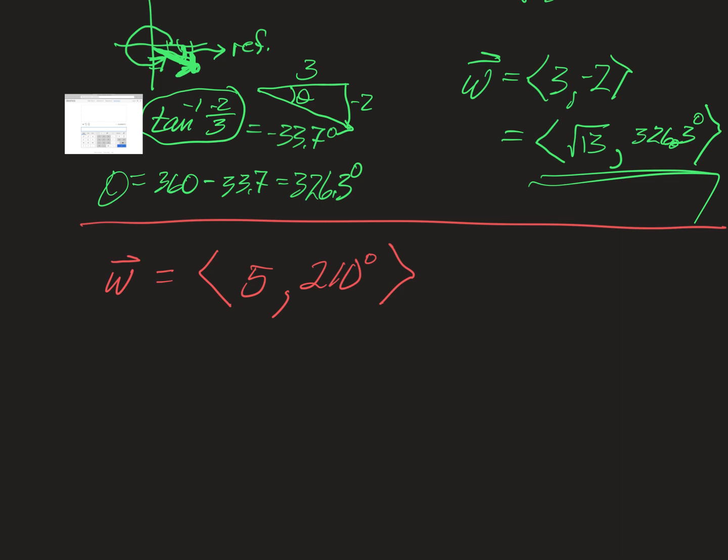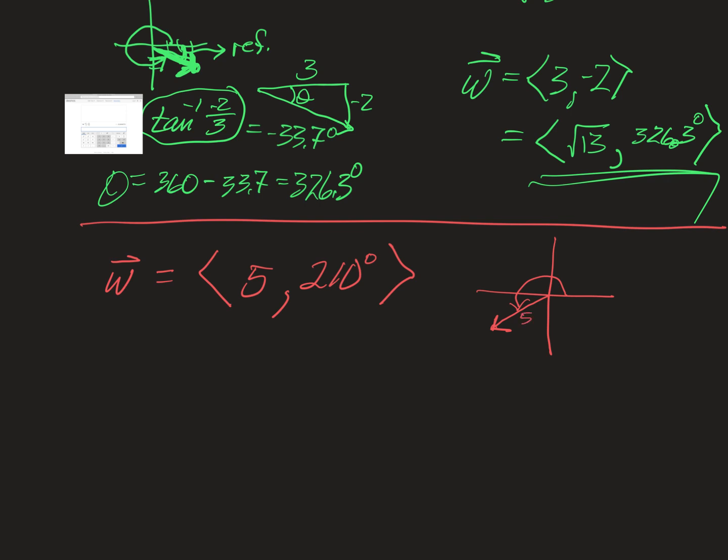If you look at this, it's kind of polar form graphing. The magnitude is like the radius, and the 210 is like the theta. So you would go 210 degrees, which would be right there. And then you would go out 5, and that's where the vector is.